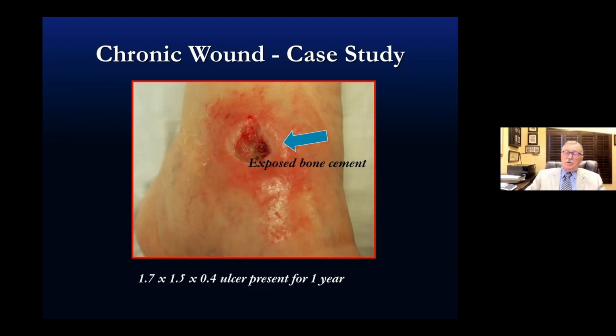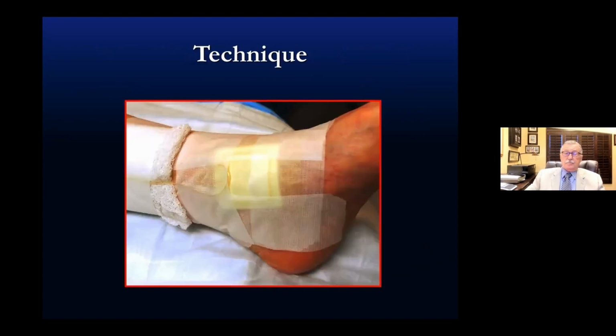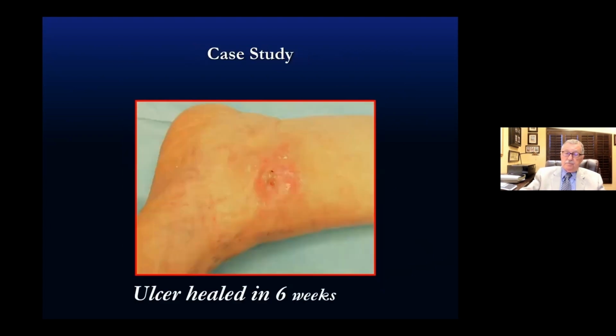This wound was initially created with a previous operation, and there was exposed bone cement from his previous operation in the base of that wound. You can see the dressing with the oxygen delivery. And this patient went on to heal in 6 weeks, again, having been present for over a year.